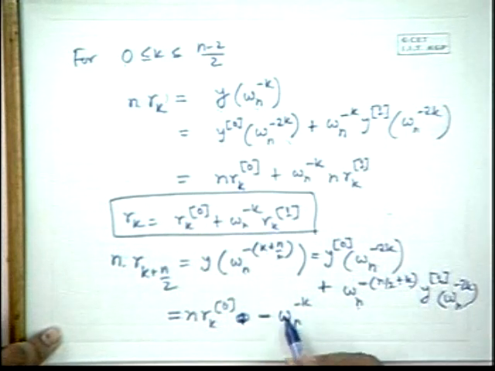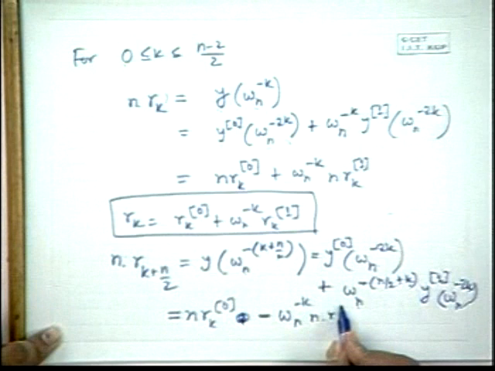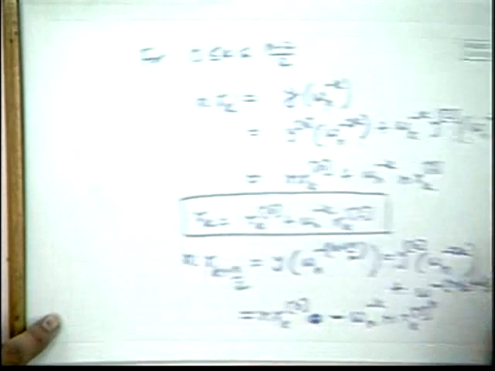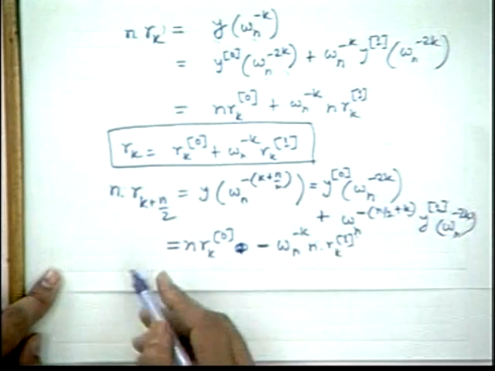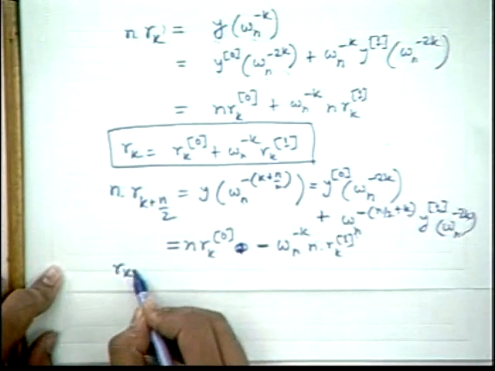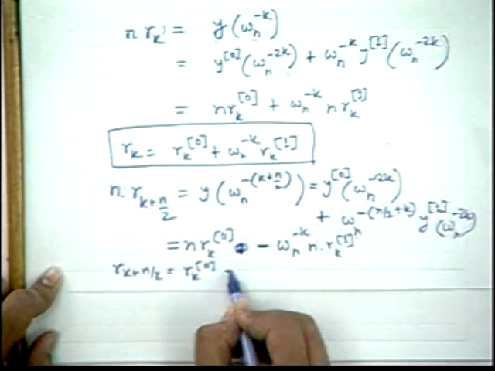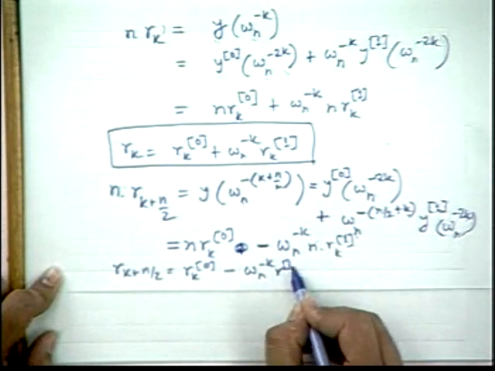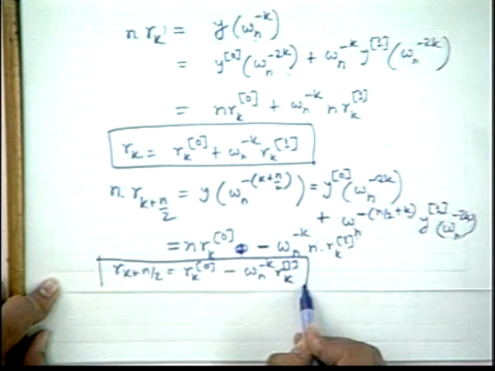And this part we have already seen is n times R K 1. Again all n's cancelled out. So the next formula you get is R K plus n over 2 is equal to R K 0 minus Wn minus k R 1k. So this will give you the next half.